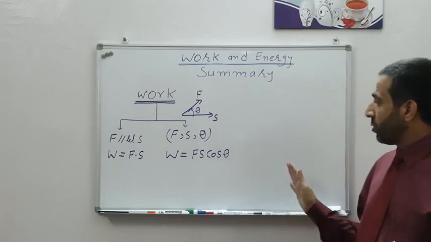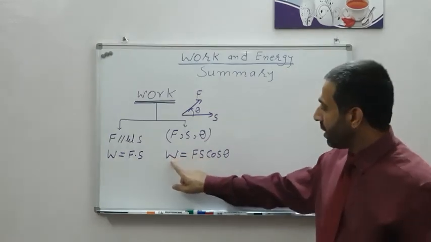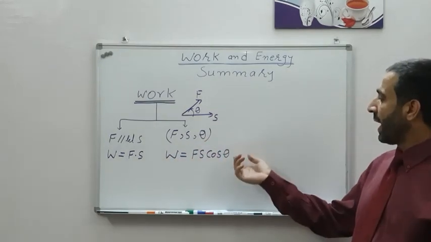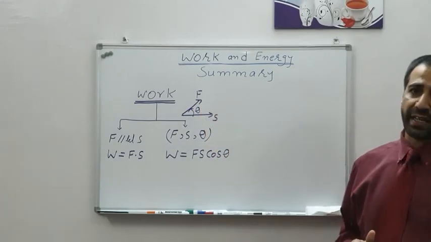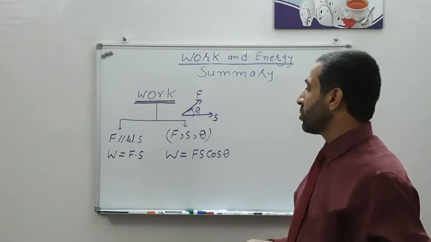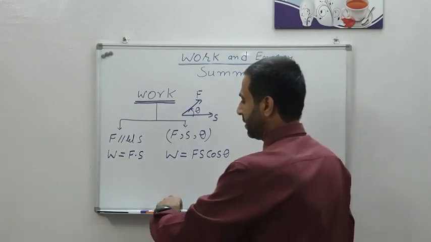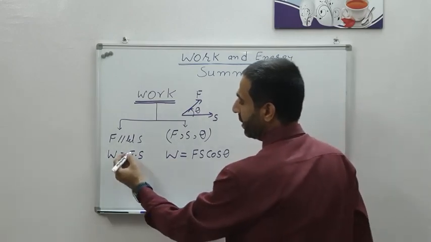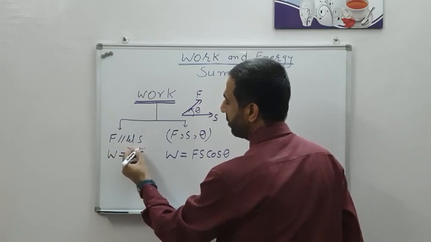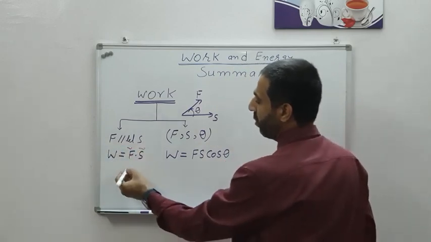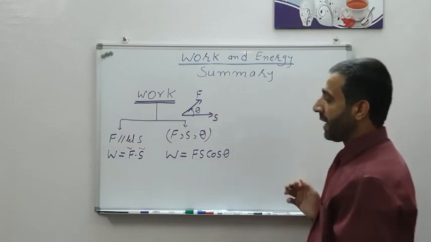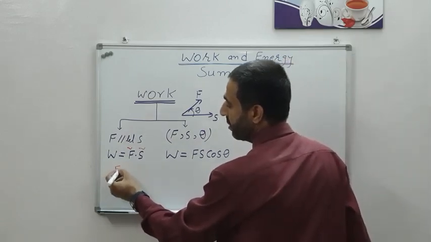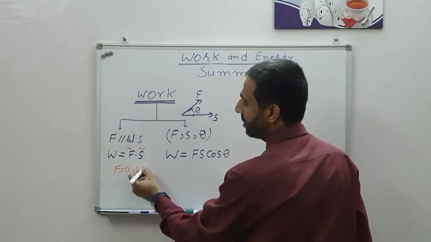Then I told you that work done will be zero if force and displacement are at right angles to each other, and in that case no work will be done. So work will be done when you have the force and the displacement, and moreover force and displacement are parallel to each other. If F is zero, work done will be zero.